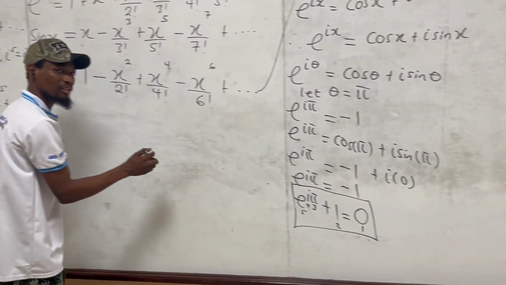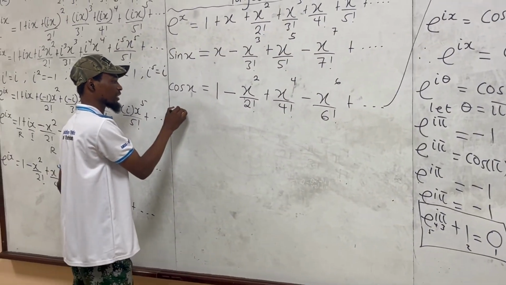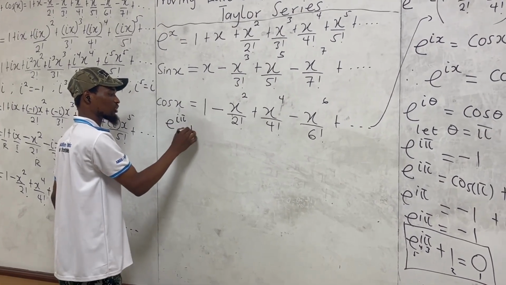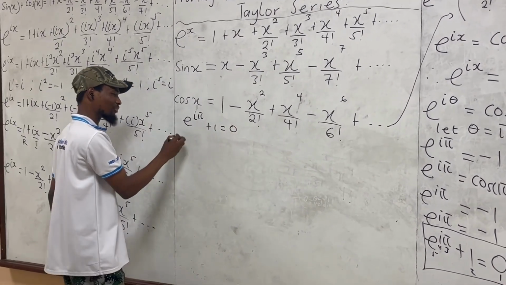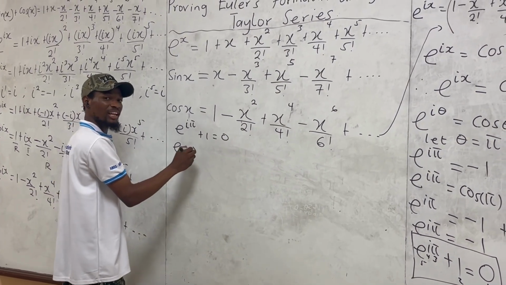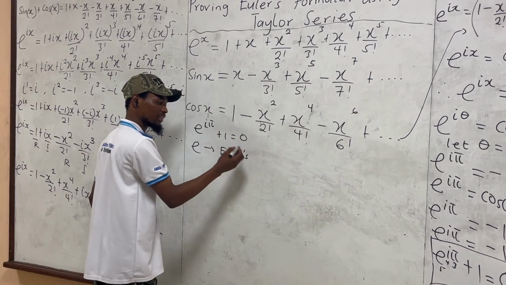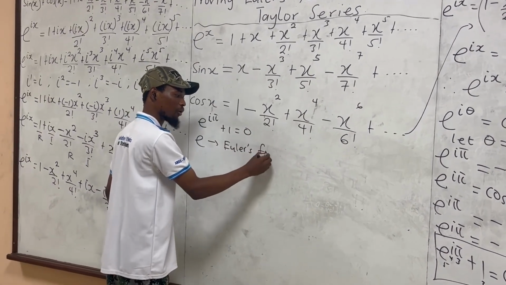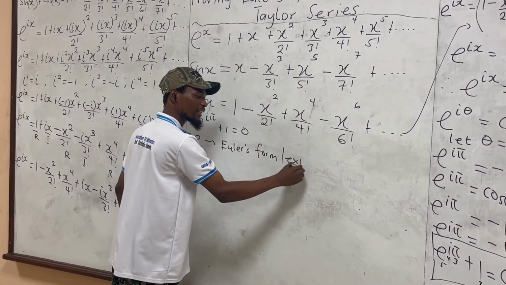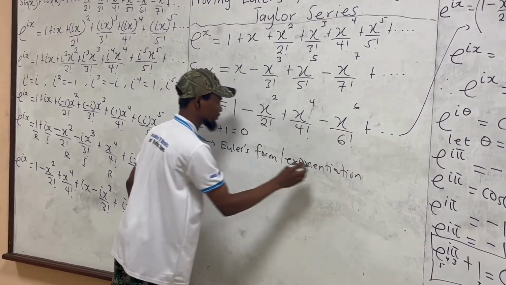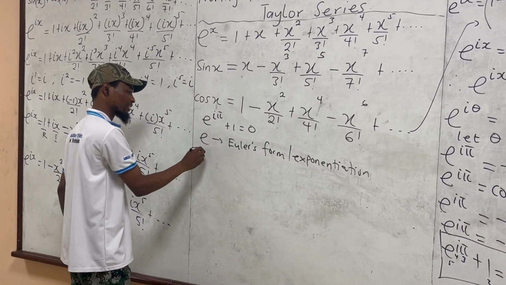Let's come here. So we said that we have e to the power i pi plus 1 is equal to 0, right? So we have e here, which represents what? The Euler's formula, or the Euler's form, or the exponentiation. Then I have the i here.